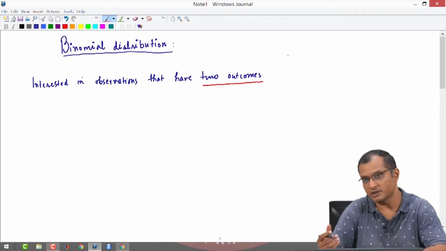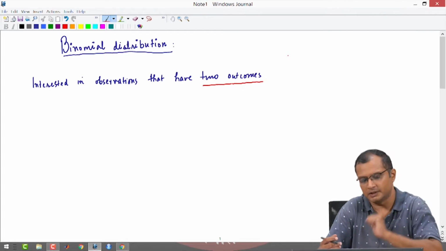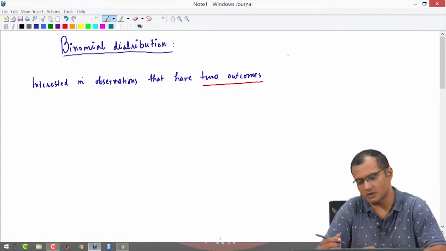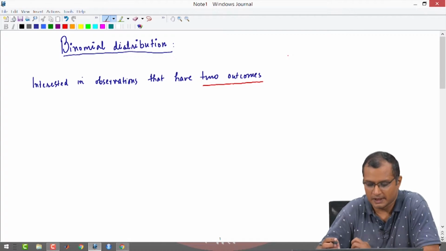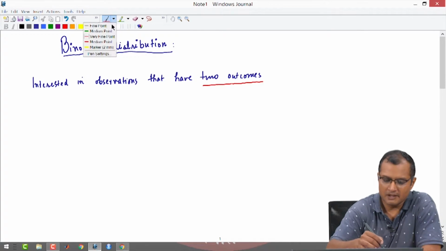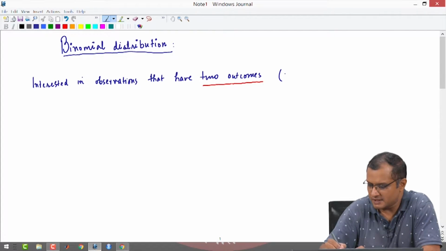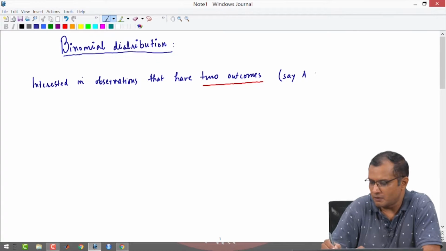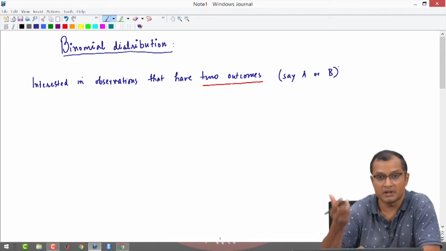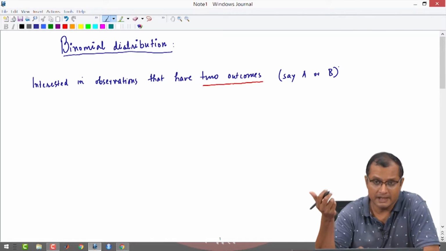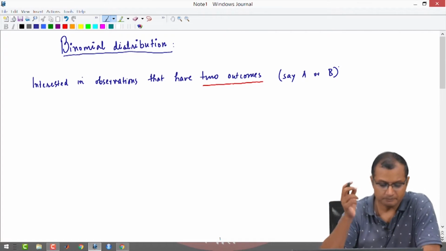If there are more than two outcomes, then you have a multinomial distribution, but that is not the subject matter of this lecture. We are only interested in events or observations where the outcome can only be one of the two. So, let us say the outcomes are A or B. A or B here could refer to heads or tails in a coin toss.